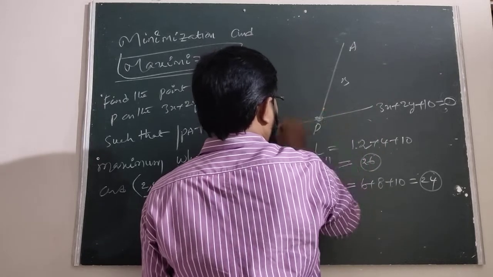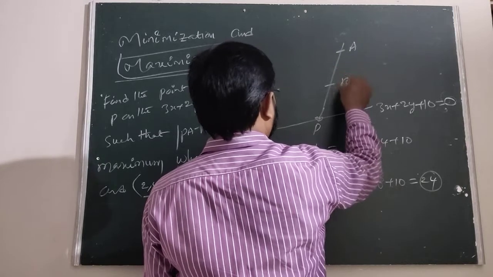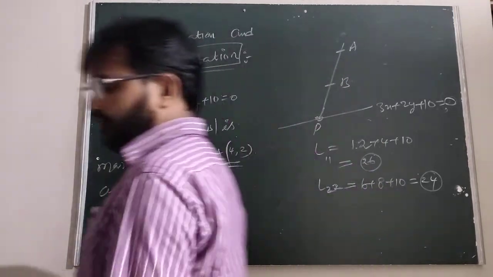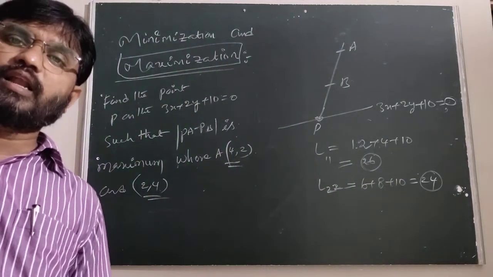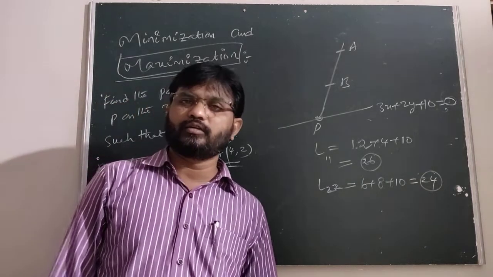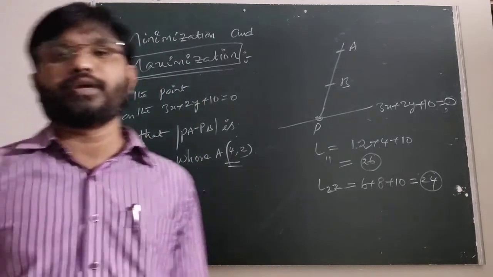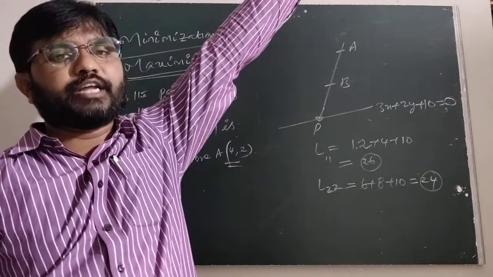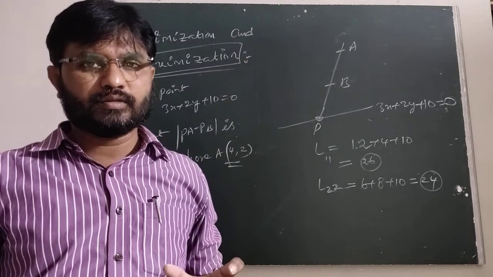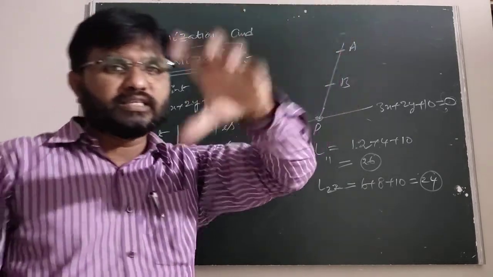This is the point P. This is B, this is A. Therefore, as you can observe in the last question, we have to think how to find PA plus PB. We take the image of A as A dash. PA dash plus PB is A dash B.